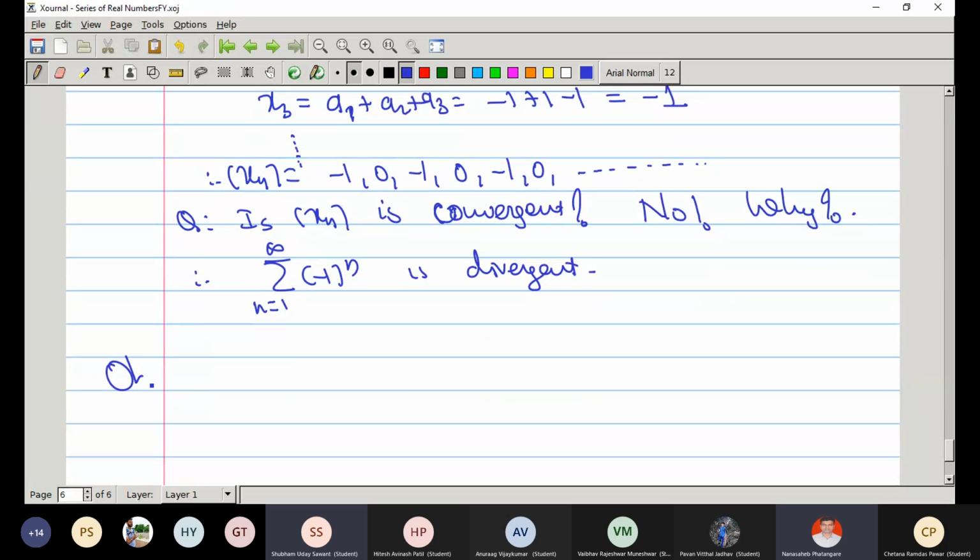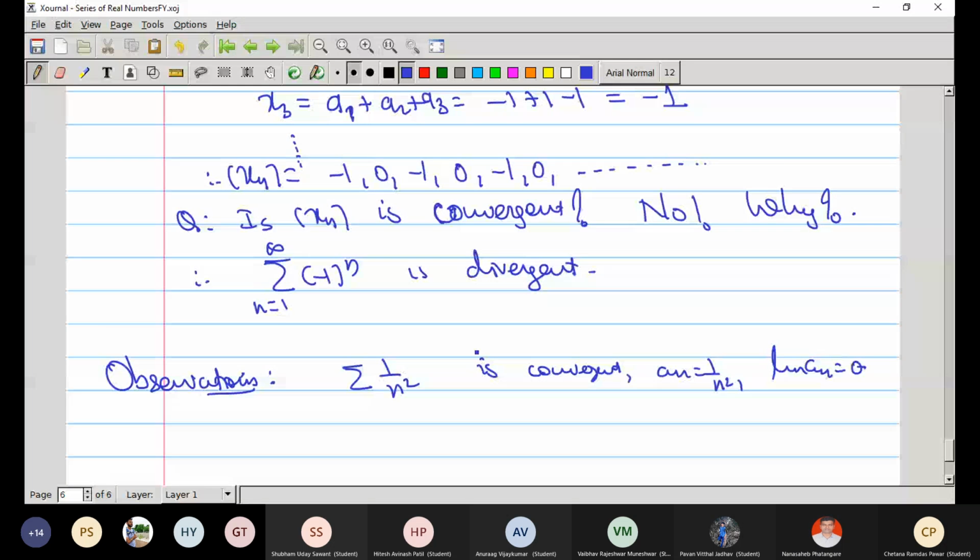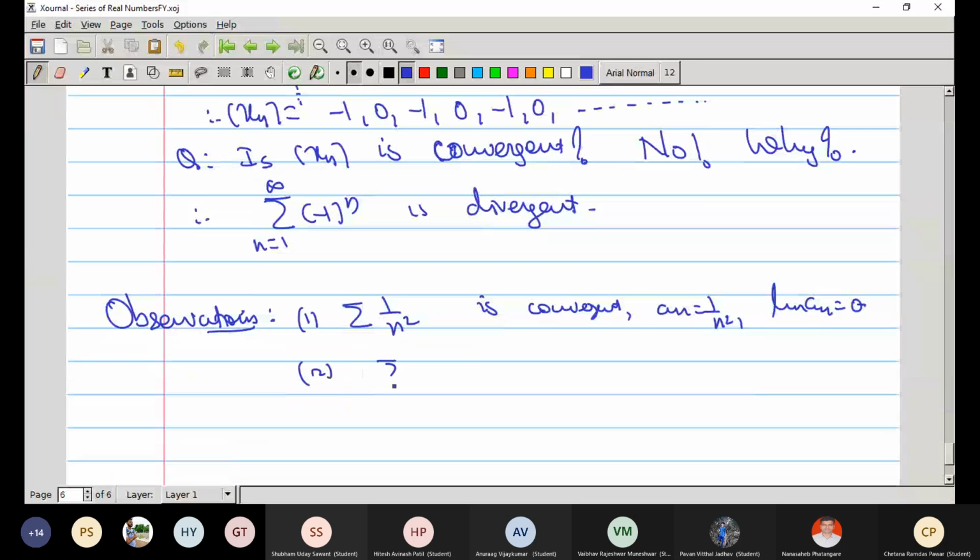So, observations. The series 1 by n square is convergent. An is equal to 1 by n square and the limit of an is 0. Second observation: the series 1 by n factorial is convergent. What is the nth term of the series 1 by n factorial, and what is the limit of an? 0.